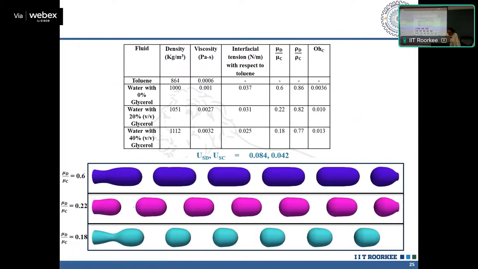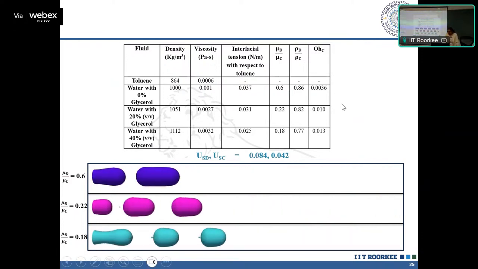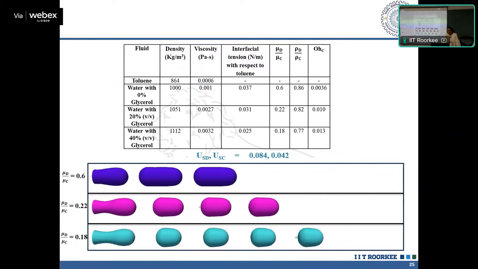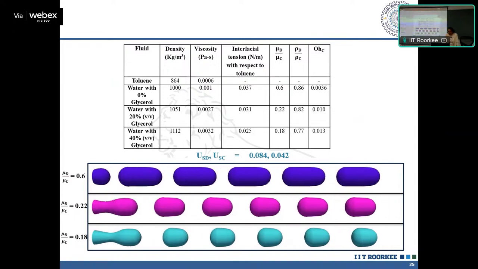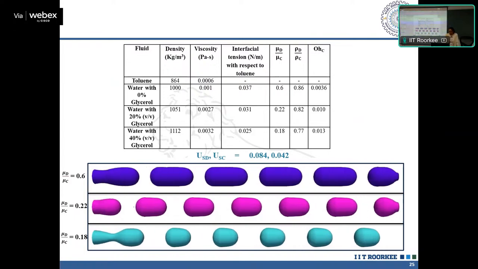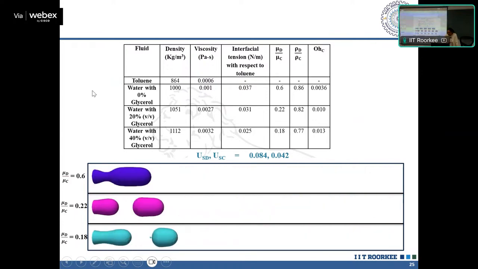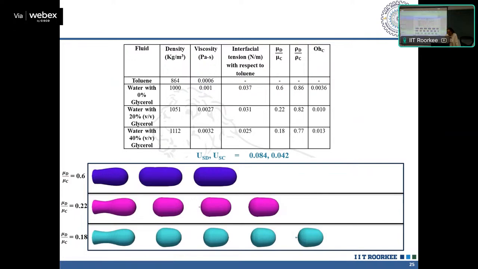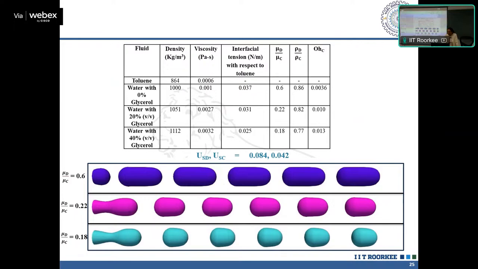So we are either reducing the viscosity of the dispersed phase or gradually increasing the viscosity of the continuous phase. So the ratio is decreasing, and you could see it gives us a similar result to what we obtained in our experimental observation about the slug size. The slug length is changing more and more, and the shape also can be quite different.